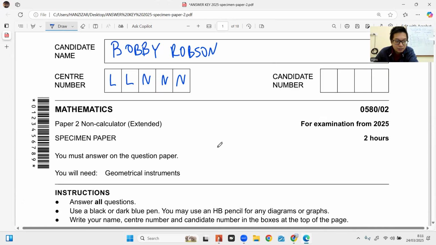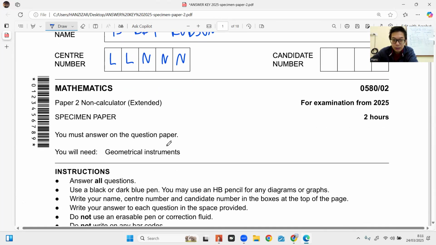Then what you need are geometrical instruments, for example a protractor, ruler and compass. The protractor is for measuring angles, and the compass is for making a circle with a certain radius.